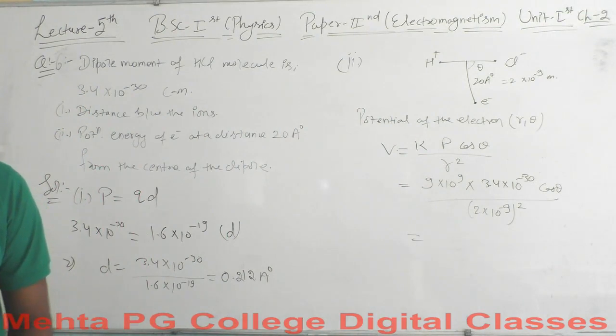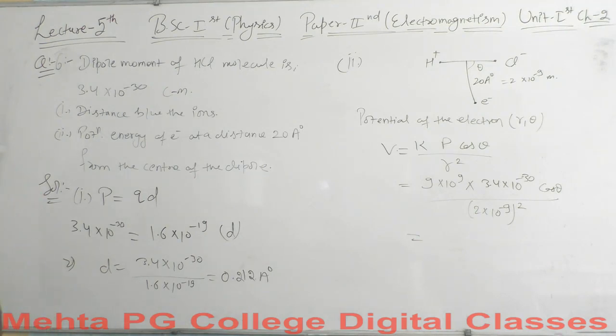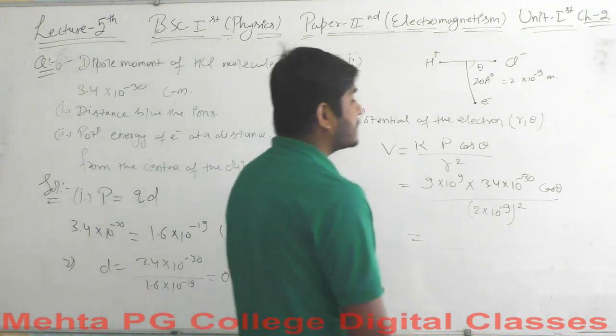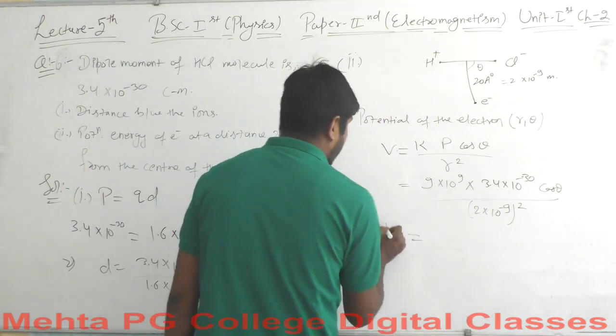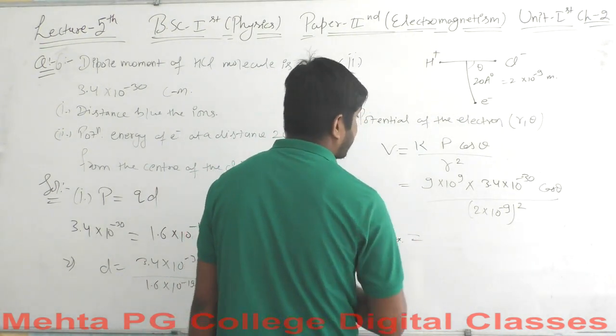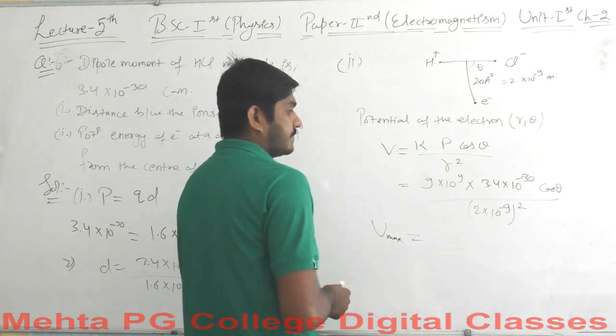So the potential at this point exists at its maximum value here. We will go for the maximum value. If we get V maximum, that will equal Kp over R square only.